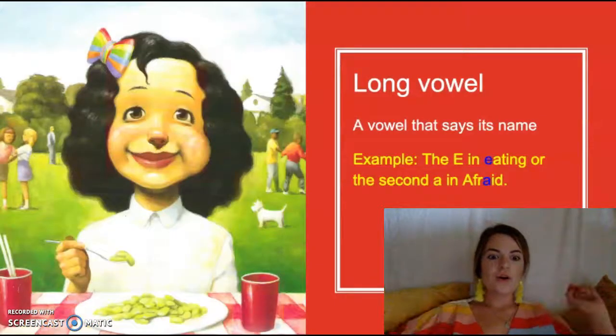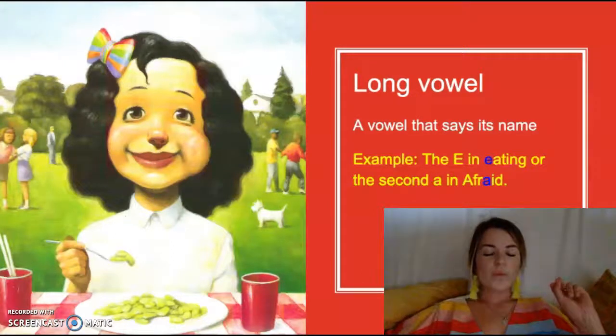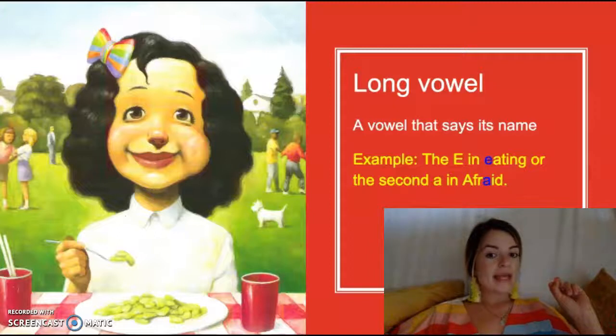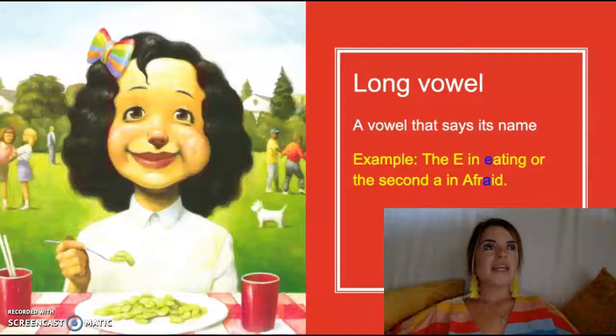Okay, now let's move on to the second part of our lesson, which is long vowel. So a long vowel is a vowel that says its name. So as we went over, our vowels are A, E, I, O, U. Some examples of a long vowel would be the E in eating. So let's listen to that. E, eating. It doesn't say eating, right?